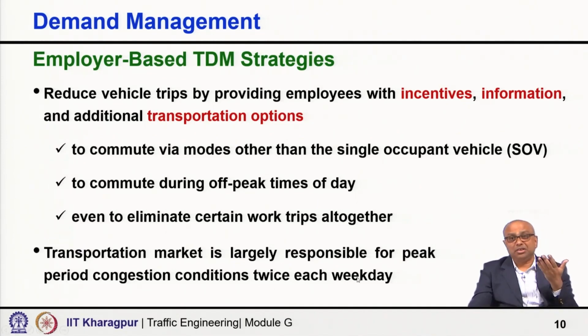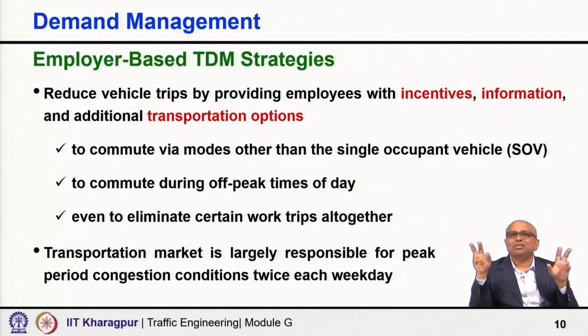Transportation market is largely responsible for peak period conditions twice each weekday. You know, in the morning people are going to the office and in the evening people are returning back, and these are the 2 times when everything is out of control or chaotic, because the imbalance will be maximum and demand will be maximum during these 2 periods, maybe more than 1 hour in the morning, more than 1 hour in the evening, depending on the context.